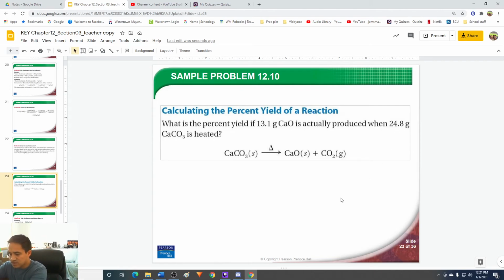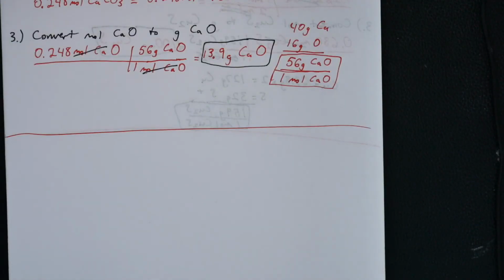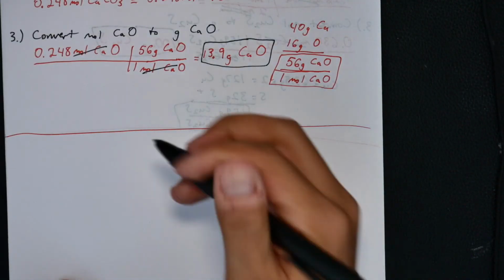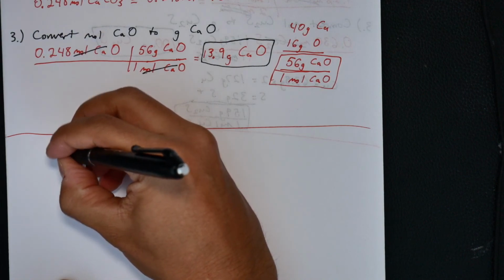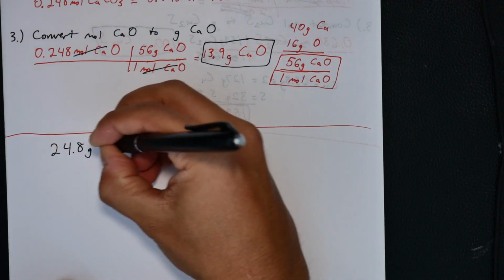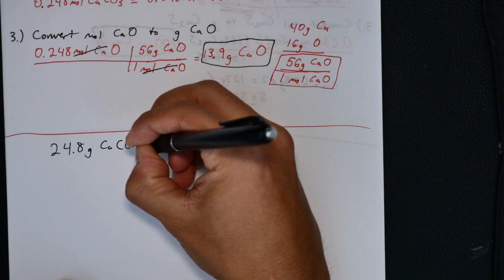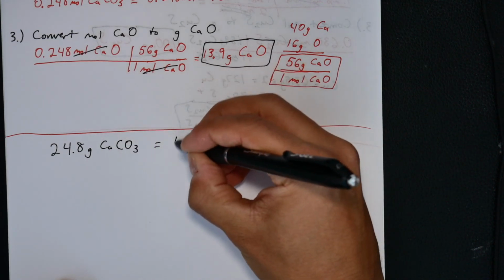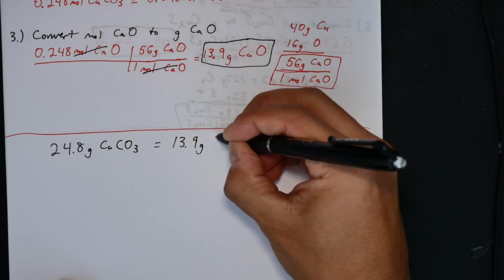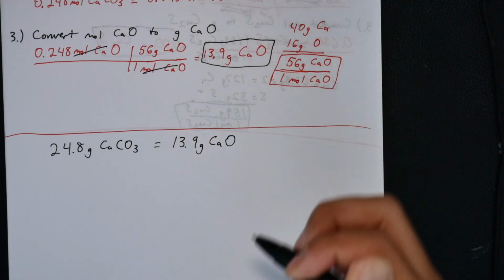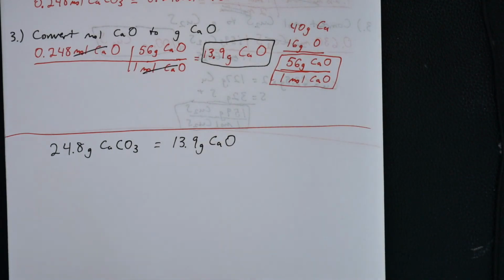Okay, that's the question. And basically, again, I'm going to just switch my camera back here so that way we can look at paper. Okay, so on our paper here, again, we started with 24.8 grams of calcium carbonate, and that can make 13.9 grams of calcium oxide. Okay, that was our calculation in the previous problem.